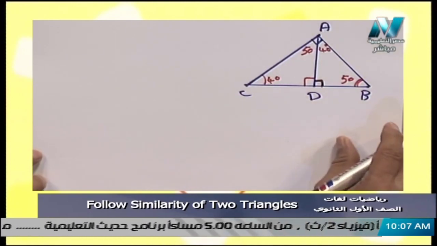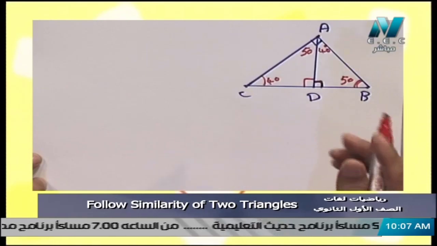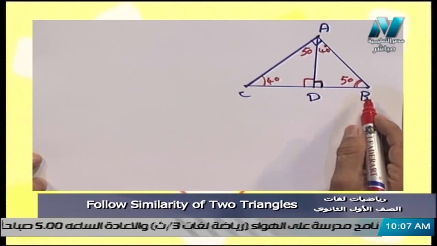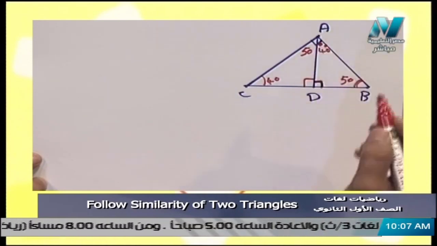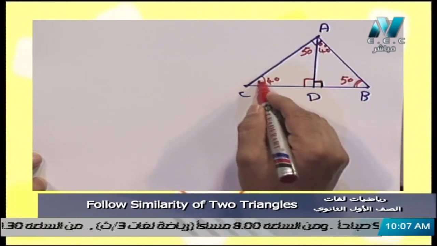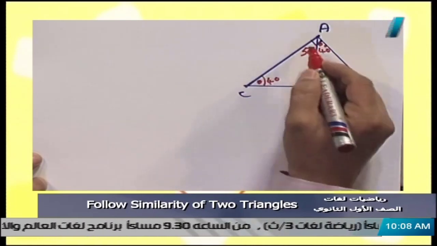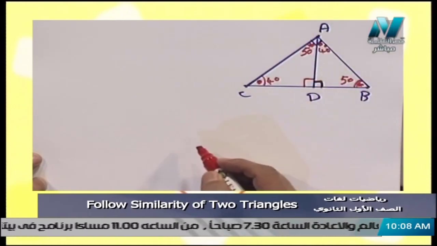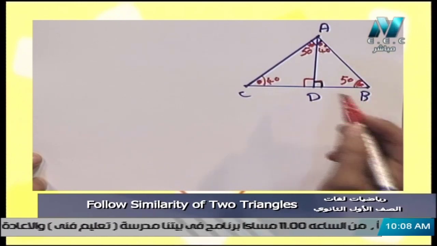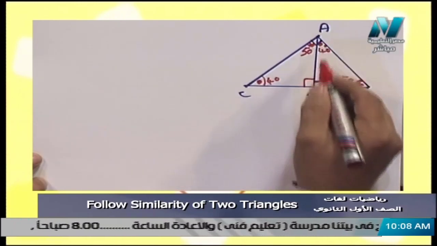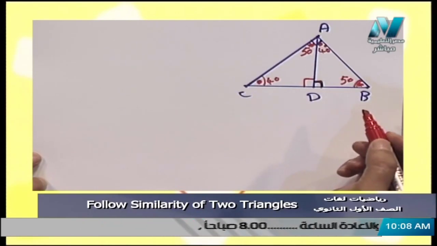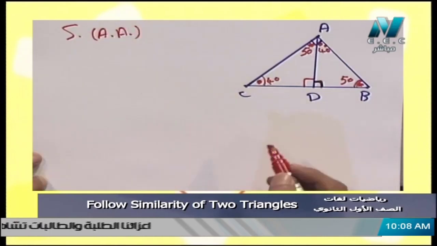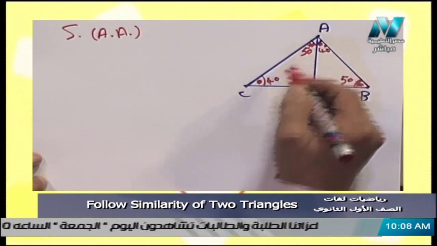So it's clear to us now that if we have a right angle triangle like that and perpendicular AD to CB, the measure angle BAD of course equals the measure angle C, and also measure angle DAC equals measure angle B. And we know that measure angle ADB equals measure angle ADC, right angle. So we know about similarity of angles. Two angles in this triangle equal two angles in the other triangle.